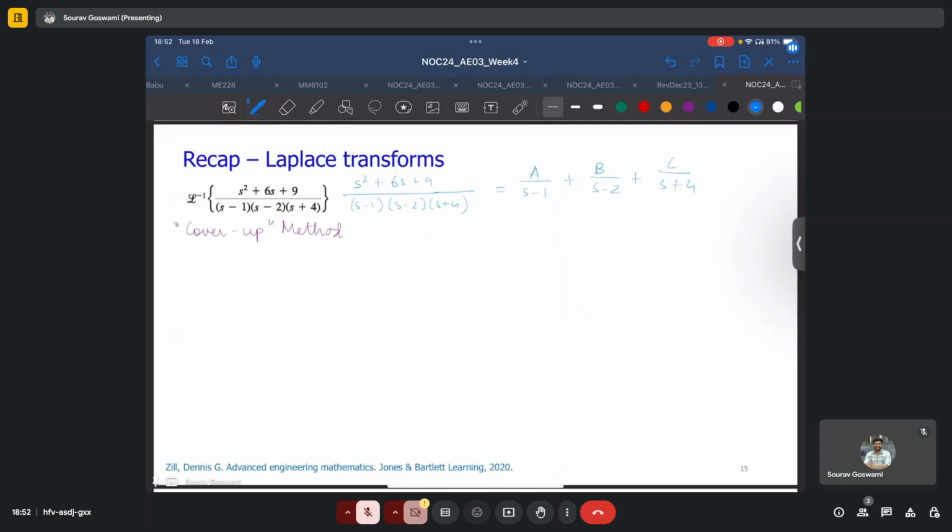So what we can do is, say we want to find a. Let us then multiply both sides of this equation by the denominator of a, which in this case is s minus 1.